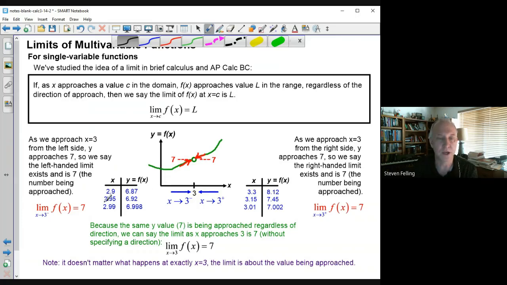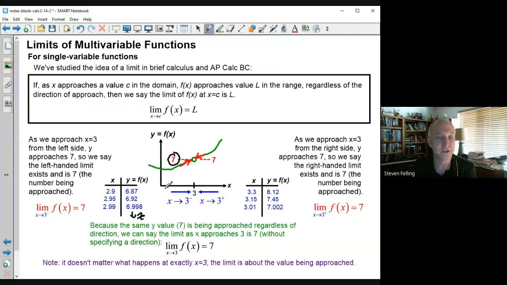That means, like, if you had a table here and you plugged in some values getting closer and closer to 3, but not actually at 3, like 2.9, and you got 6.87 out, and 2.95, and you got 6.92 out, and 2.99, you got 6.998. It appears like if we got negligibly close to 3, we would be getting very close to the value 7.